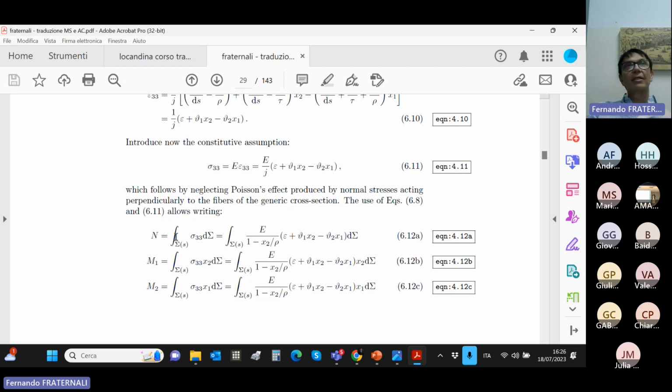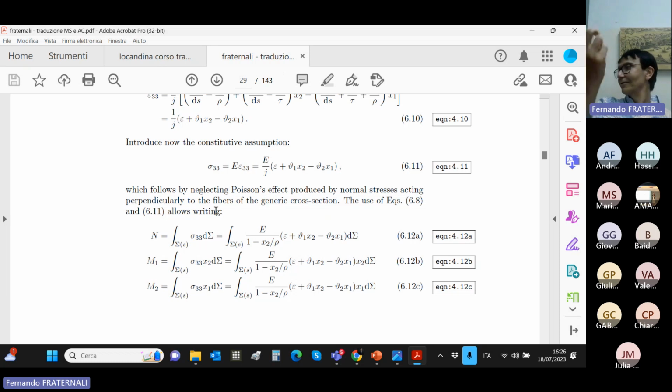What is the problem? If this j were 1 and you carried out this integral, what would you obtain? You obtain only the term with epsilon, because the other two integrals would be the integral of x2 and the integral of x1.